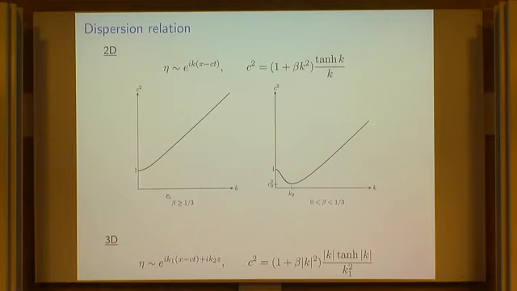Okay. So basically, as I said, I will be talking about small amplitude waves, and then you expect to find such waves bifurcating near minima of these dispersion curves.